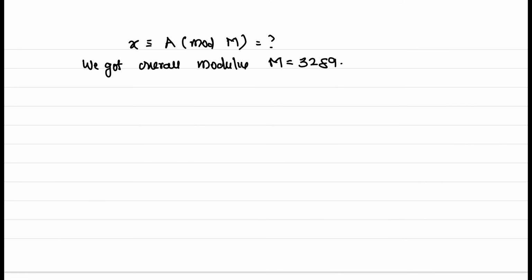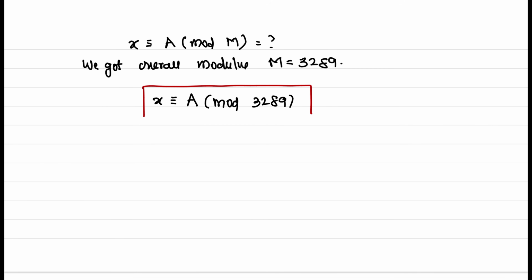Now the problem is reduced to finding x equivalent to a mod 3289. Here we have to find the value of a. This is the problem.